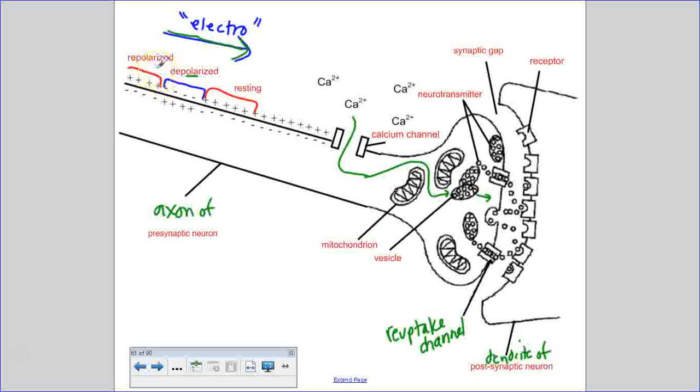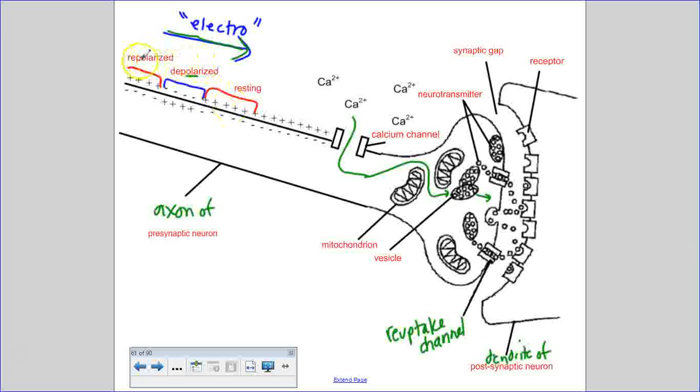And it will quickly undergo a refractory period where the sodium-potassium pump will kick in and get the ions back to normal. But right behind the depolarized region, it is considered repolarized. Okay, so that's part of why the message isn't going to go backwards, it's going to keep going forwards. Okay, so the positive influx of sodium kind of instigates the next resting area to start depolarizing.